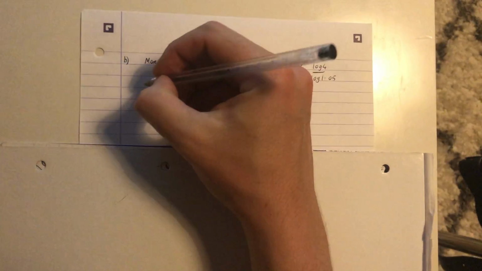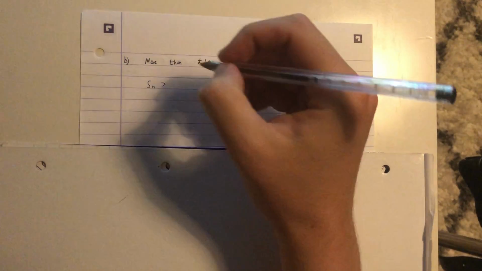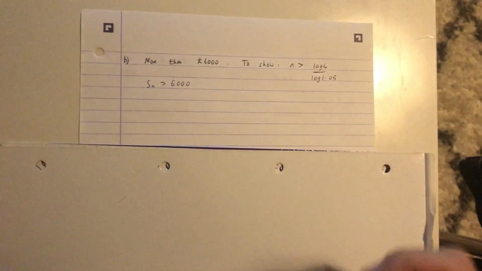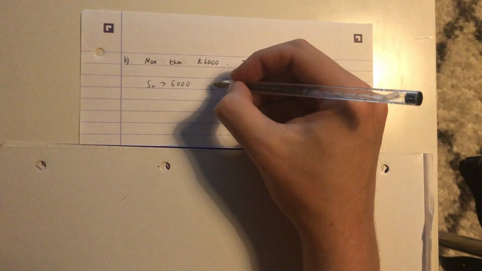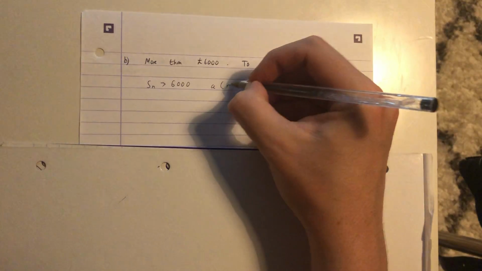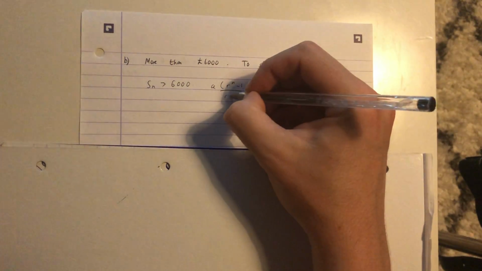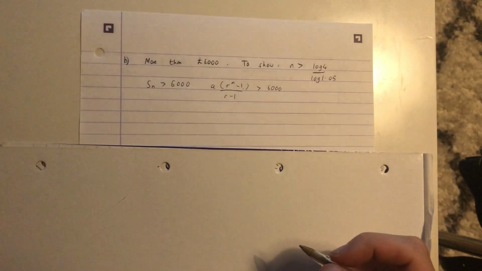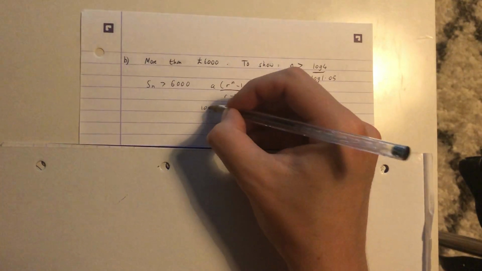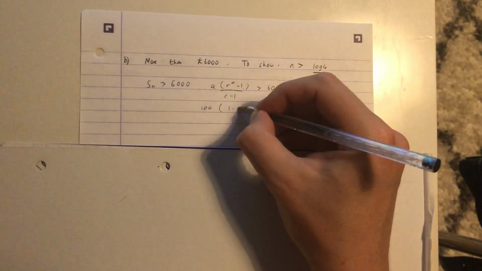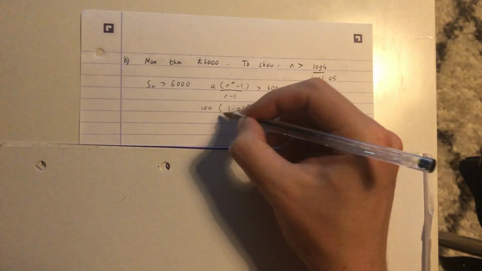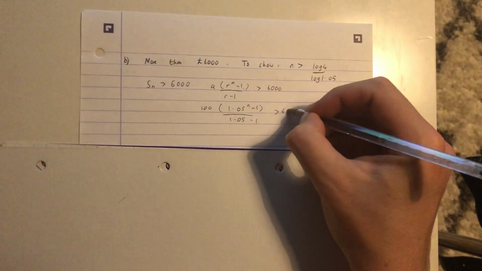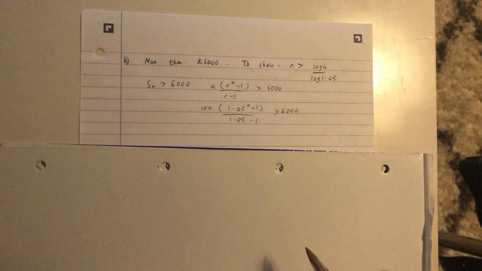So we want Sn to be bigger than 6,000, which means a(r to the n minus 1) over r minus 1 needs to be bigger than 6,000, and a was 100, r was 1.05, and that needs to be bigger than 6,000.